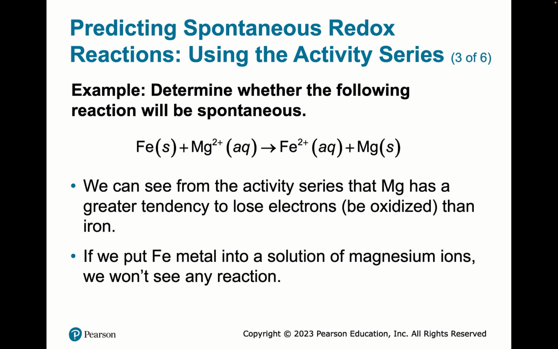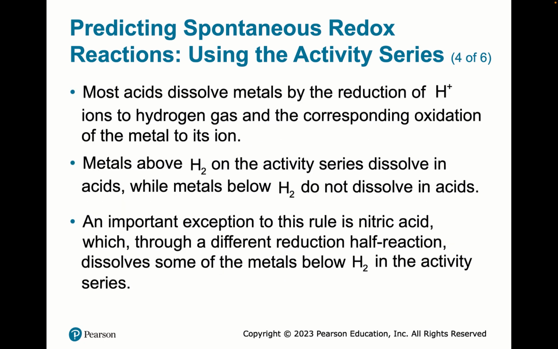In this case now, we have magnesium ion, so it's the opposite, where the magnesium ion is testing its ability to absorb electrons to be the oxidizing agent, to be reduced. And magnesium is not a very good oxidizing agent. It will not corrode iron. So in this one, you will not see any reaction.